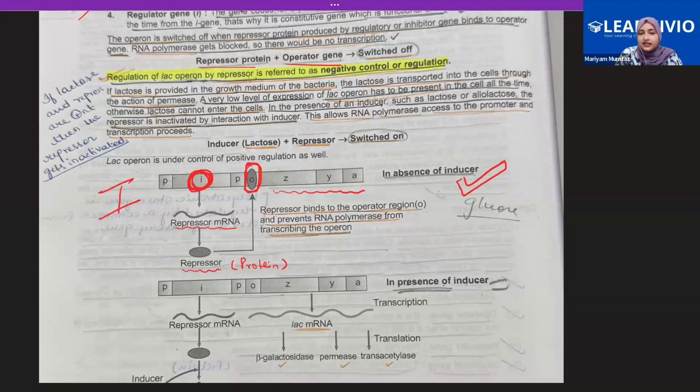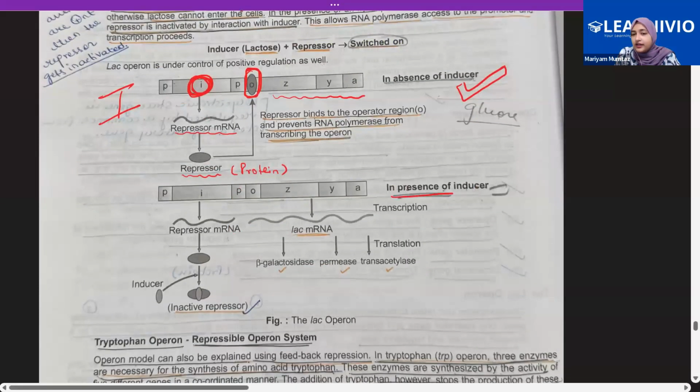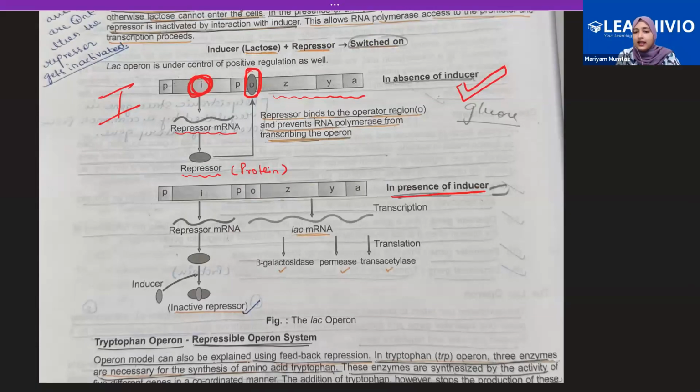Now, the second scenario is the presence of inducer. Now the lactose is present. So this regulator gene, or this repressor gene, is going to synthesize the repressor mRNA, which will make the repressor protein normally. But now, since there is the presence of inducer, this inducer will go and bind with the repressor.